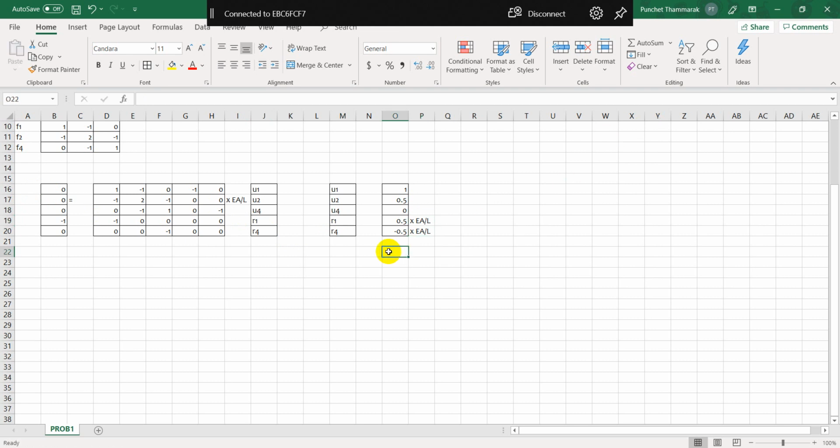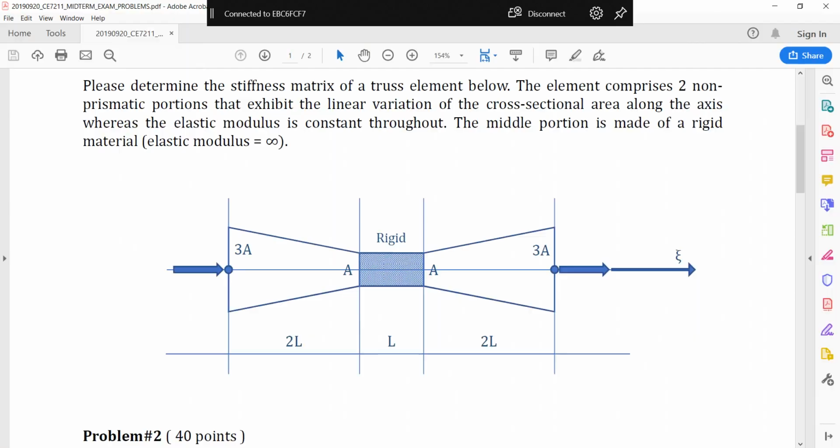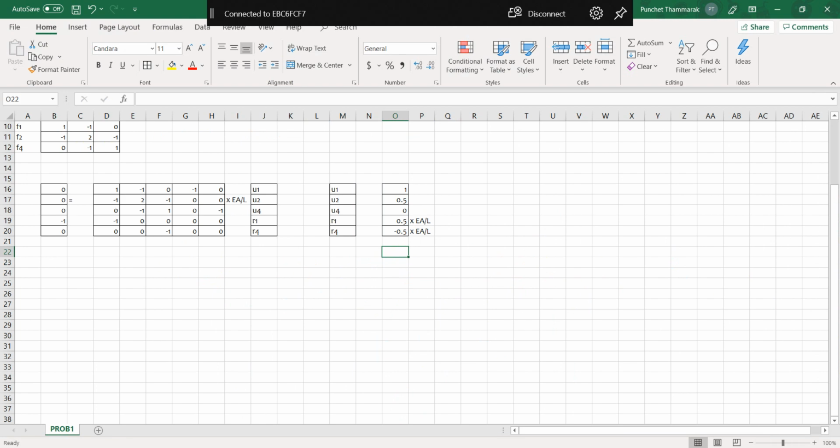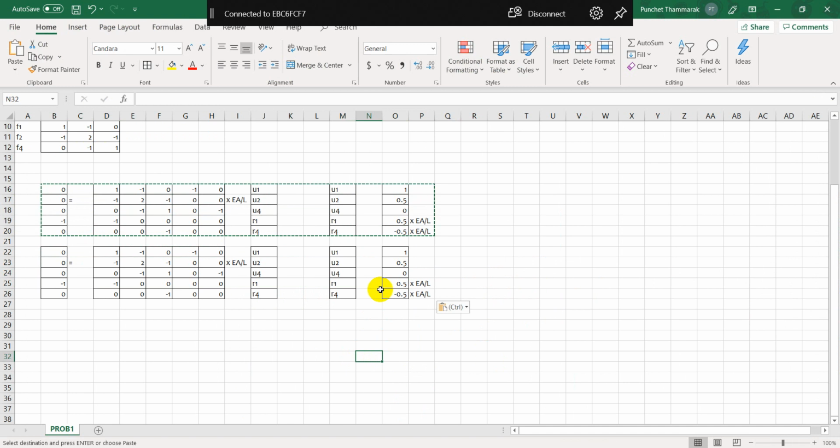So if you apply 1 unit displacement, then you're going to have 0.5 and minus 0.5 coming backward. Well, you do the same thing. You just copy the same thing down to here, and then I'll just change to 0 and minus 1, and then I get this.